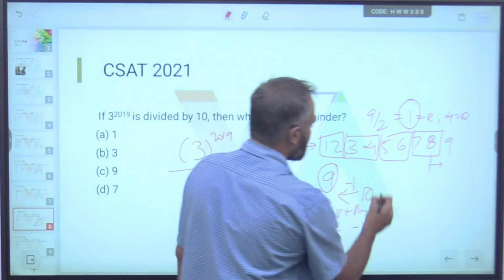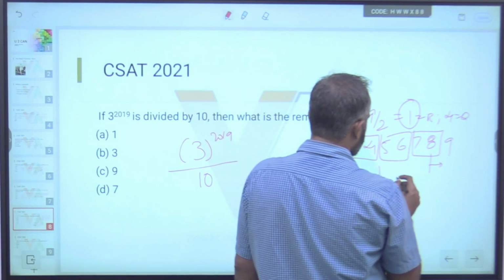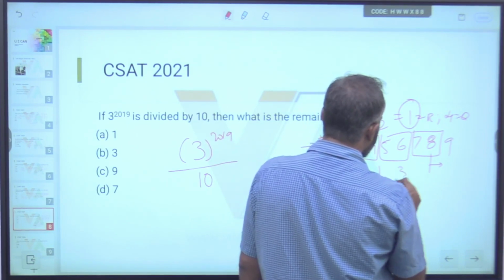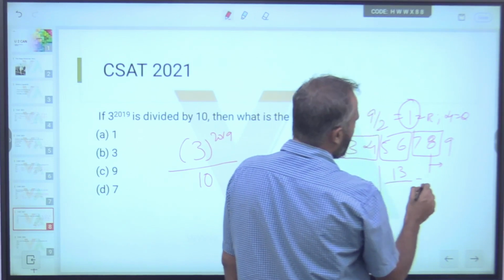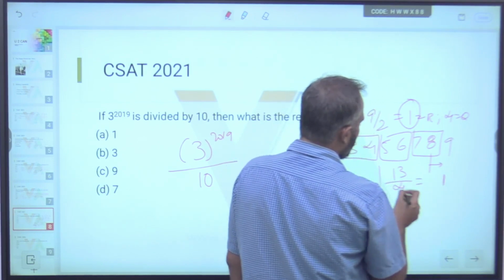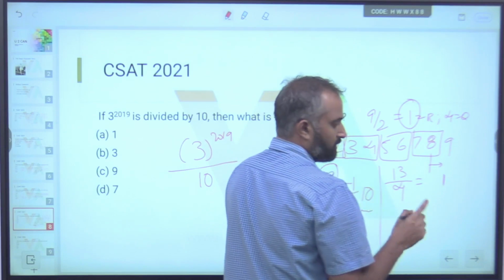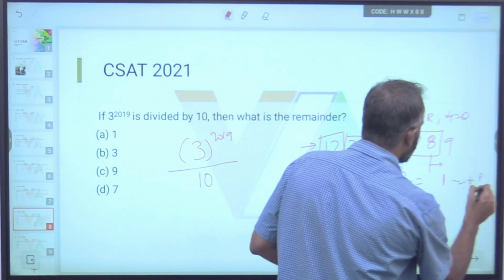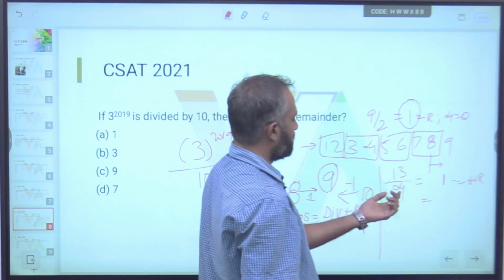Let us take one more example. Let us take 13 by 4. The positive remainder is 1 because 4 3s are 12 and 1 is remaining. This is the positive remainder. What is the negative remainder? Same.